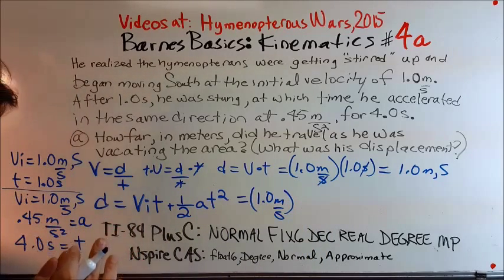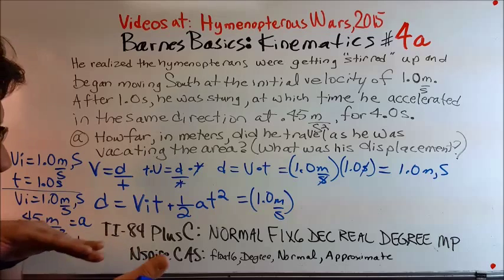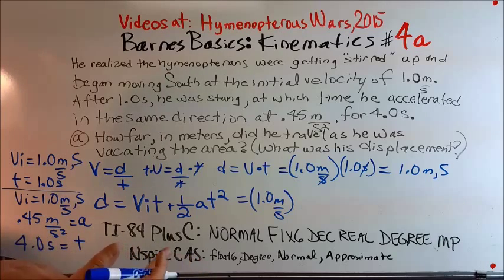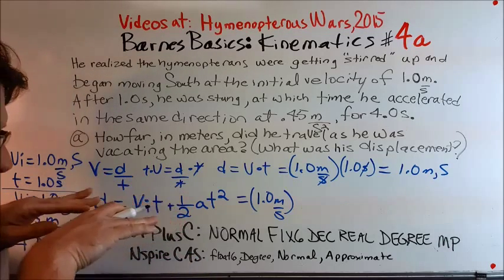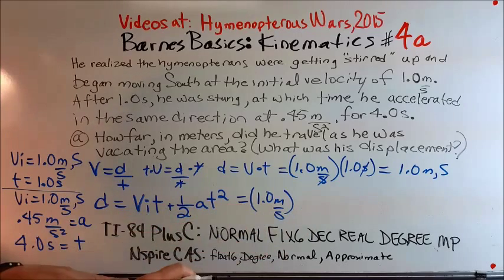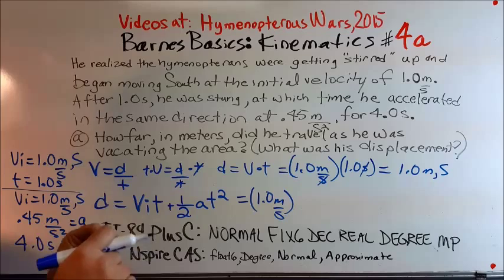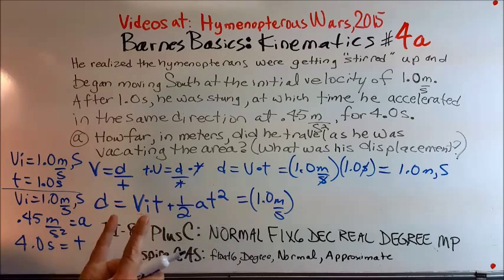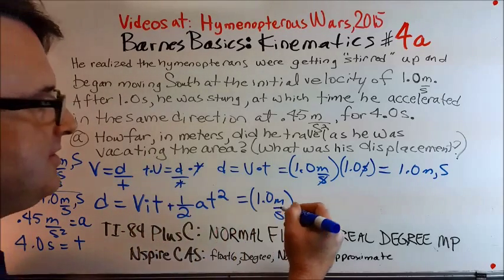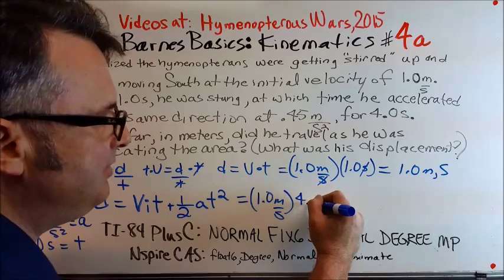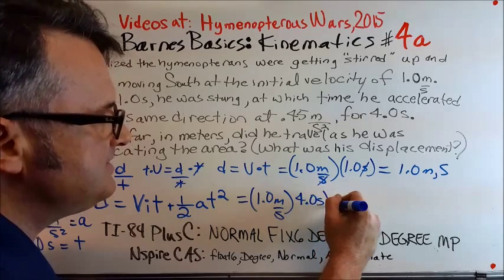And now though, we're blending in the acceleration into this. And so this equation is going to deal with that 4 seconds that I was accelerating. What is the distance when I was accelerating, but I had an initial velocity. So the time here that we're going to put is 4.0 seconds.